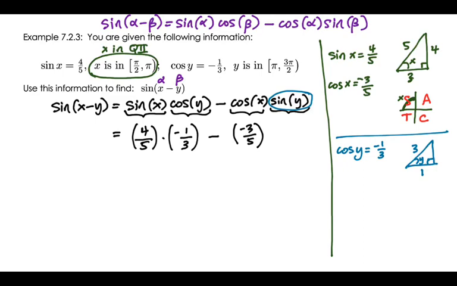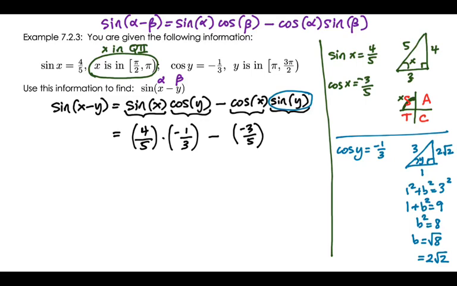So again, Pythagorean Theorem, 1 squared plus b squared equals 3 squared, and I get that b is the square root of 8. If we're feeling super fancy, that is 2 times the square root of 2. And that is the opposite side of my triangle.